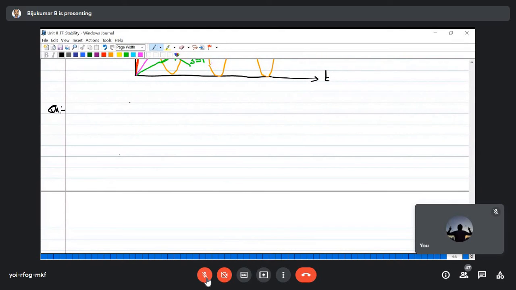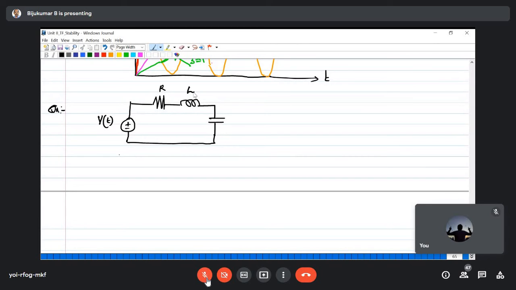Now take one electrical circuit like this. R will be there, L, C. Let the input voltage be Vi of t.